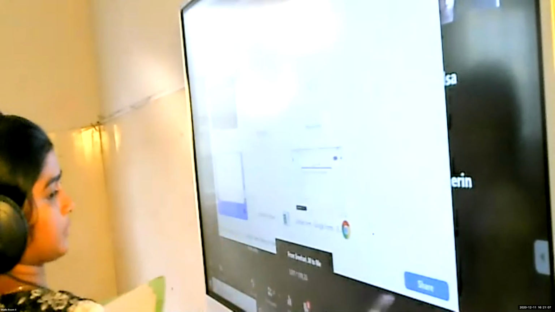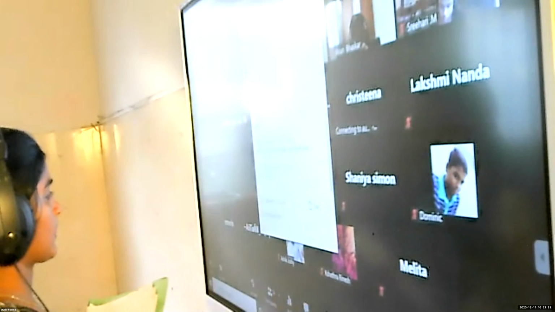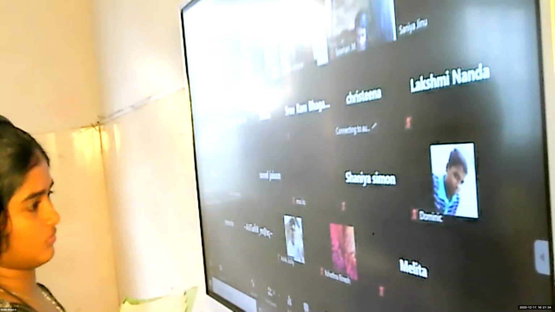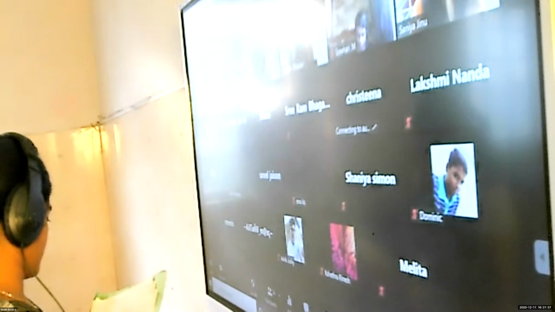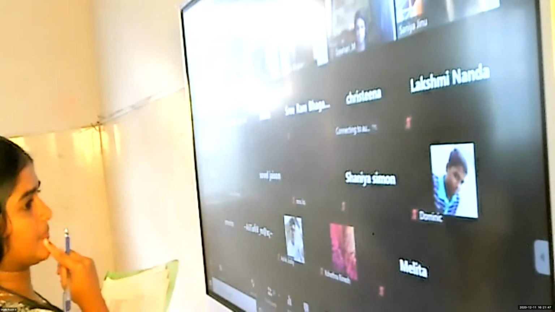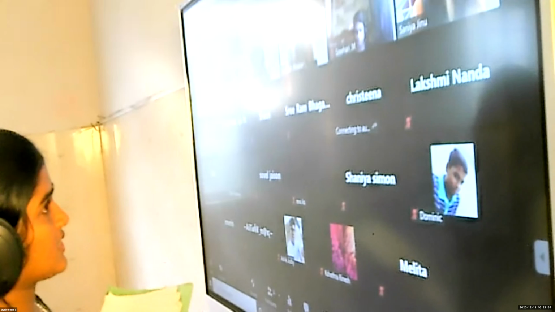Eight gram of oxygen atom. Yeah, Srihari, you are right. What about others?